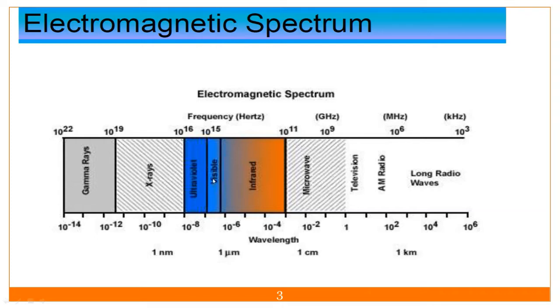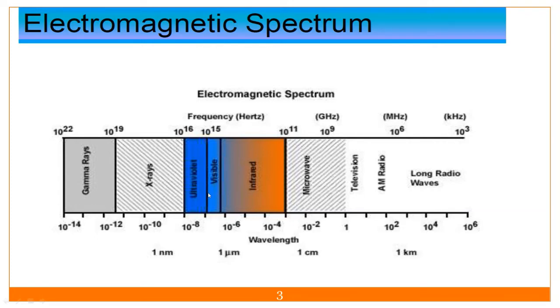Then ultraviolet rays, which are 10 raised to 15 to 10 raised to 16. The ultraviolet rays coming from the sun in outer space are blocked by our ozone layer; otherwise they are hazardous and can cause diseases like cancer.